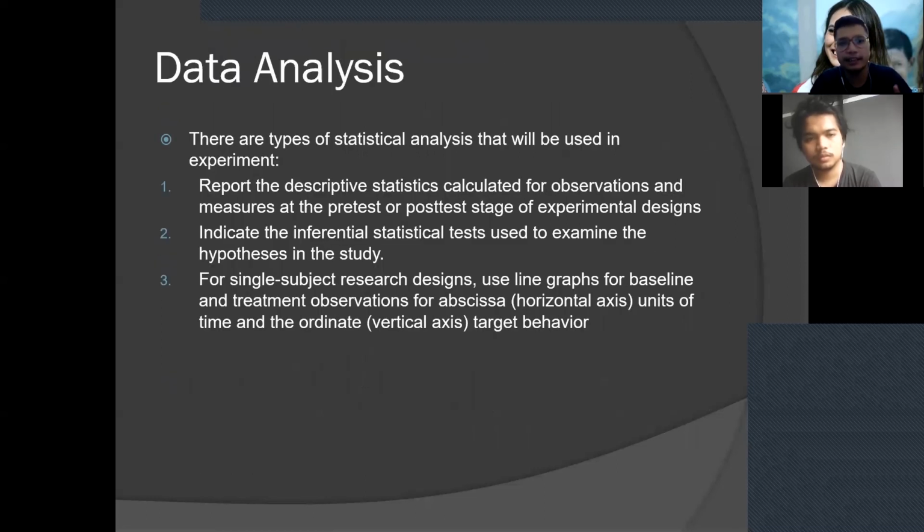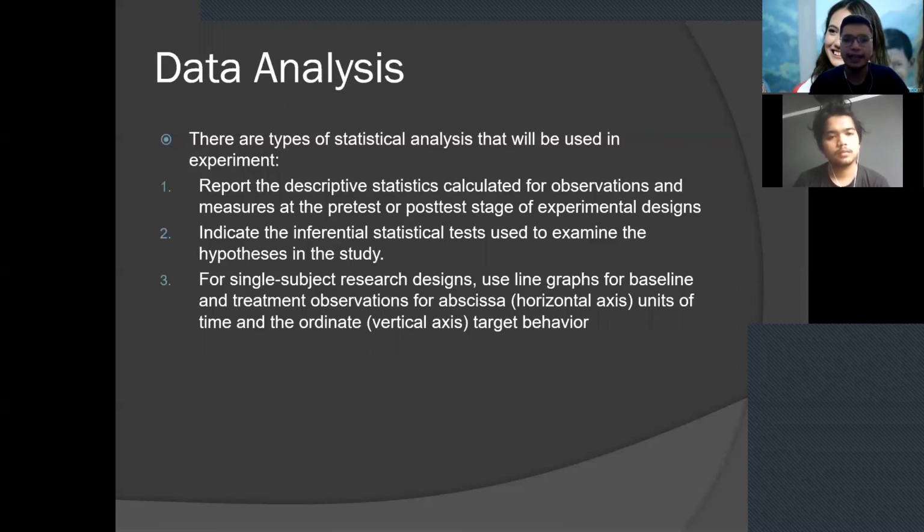And for the data analysis, there are types of statistical analysis that will be used in an experiment. First, report the descriptive statistics calculated for observations and measures at the pre-test or post-test stage of the experimental design. So when you do the pre-test, you have to do the descriptive statistics, and when you do the post-test, you have to do the descriptive statistics. So for each test, you have to do descriptive statistics.